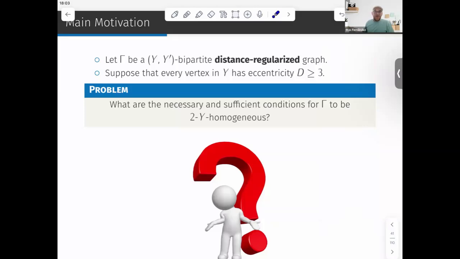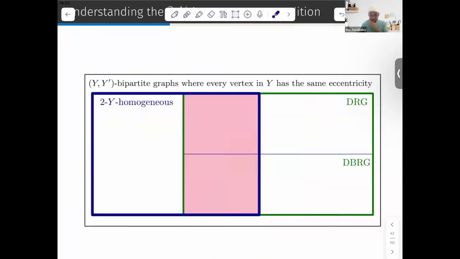Now our problem is the following. We would like to investigate the two-way homogeneous conditions on graphs which are bipartite distance regularized. So this means that we would like to analyze which graphs are bipartite distance regular and two-way homogeneous, or distance-biregular graphs which are two-way homogeneous. This is the possible scenario that we have.